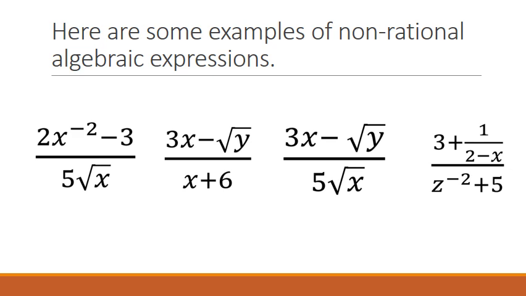Second one, 3x minus square root of y all over x plus 6. Third one, 3x minus square root of y all over 5 square root of x. And the last one is 3 plus 1 all over 2 minus x all over z raised to negative 2 plus 5.